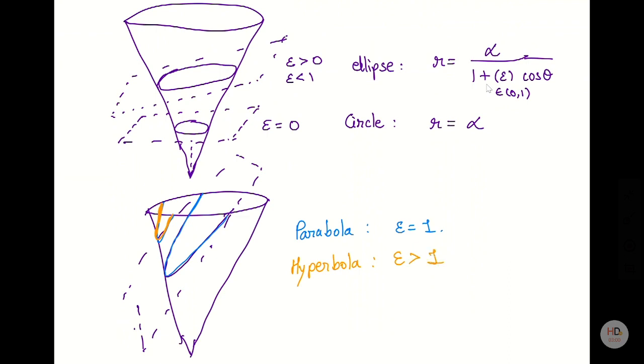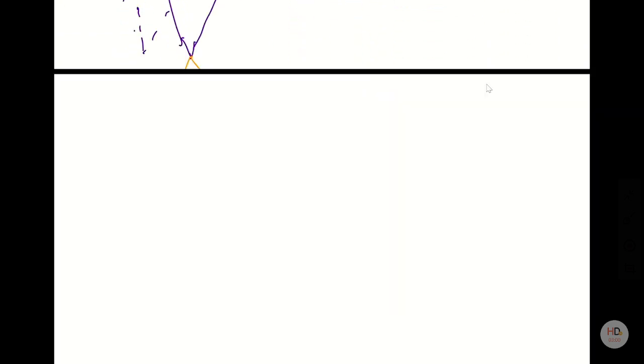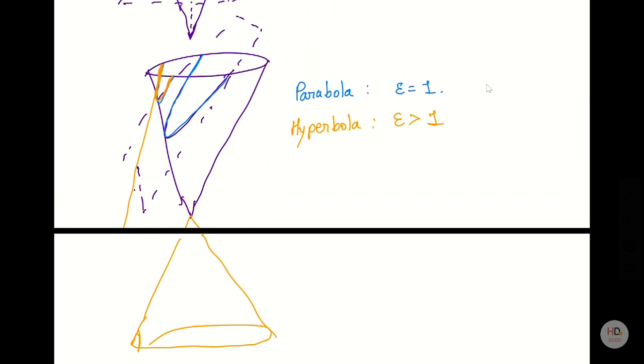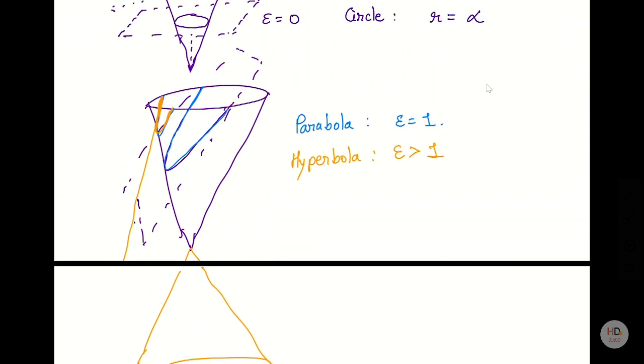Okay, if you imagine there is another cone downstairs, let's say something like this, then eventually this plane would cross here, and you will have another branch of hyperbola. So hyperbola always comes in pairs.